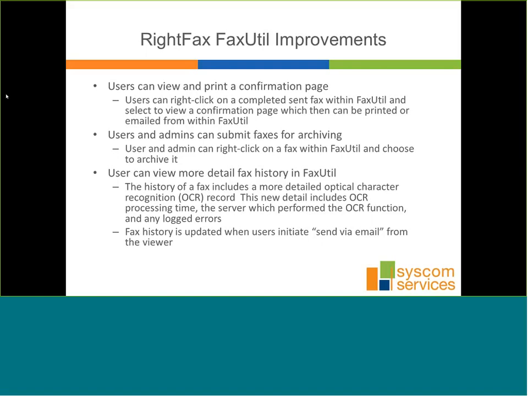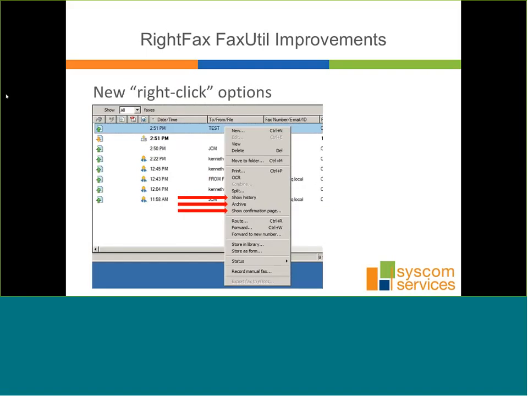You also have the ability to send the history via email from the fax viewer. Okay, and this is a screenshot of some of the new capabilities here. You see there's a show confirmation page option, as well as an archive option from right within Fax Util.